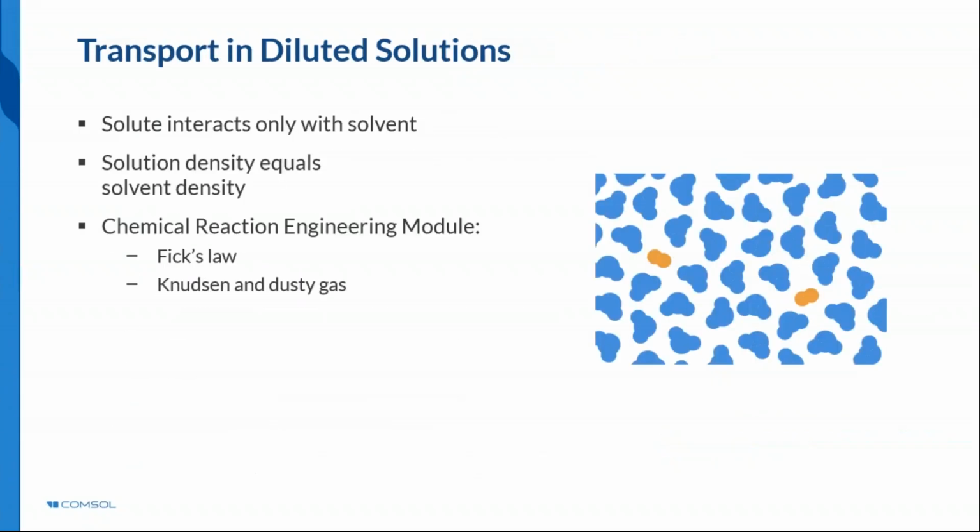In terms of when to use each transport interface, the transport of diluted species interface is appropriate when the solute only interacts with other solvent molecules. This model uses Fick's law to describe the flux of species and is in general applicable only to dilute species, that is, modeling species with a low mole fraction relative to the solvent.